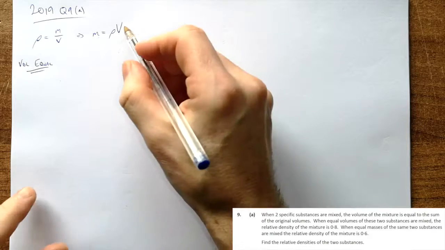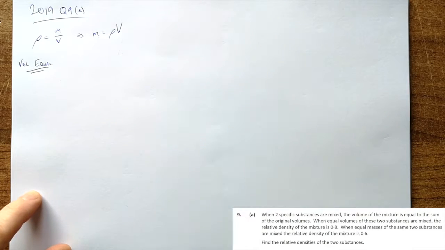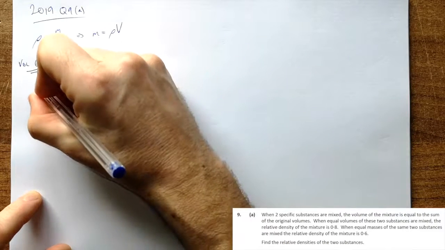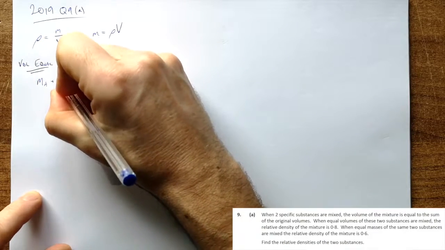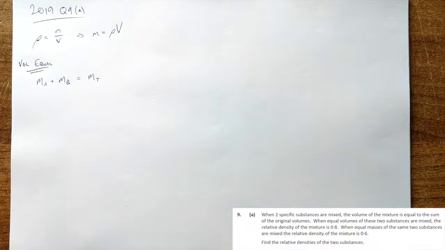Okay? And the reason we do this is because you can see I now have this in terms of density, and I have information about densities. So if the volumes are equal, the mass of A plus the mass of B is going to equal the mass of the total.